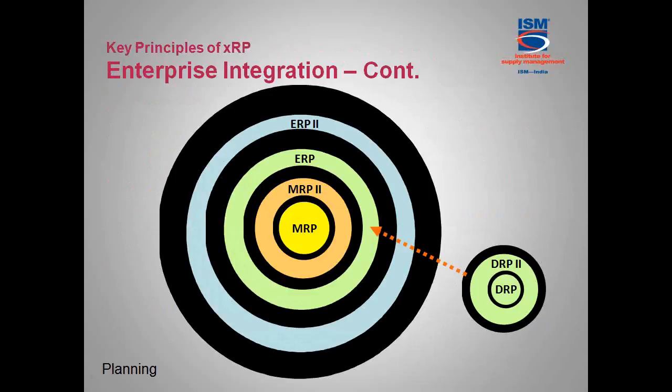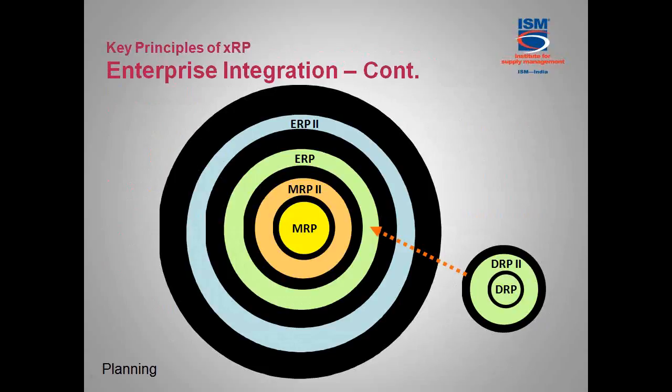Another concept in this is DRP, which is called distribution requirement planning. What DRP does is, at one particular location, the warehouse available in the organization gives the input to my MPS system, and through the MPS system they make the entire planning.